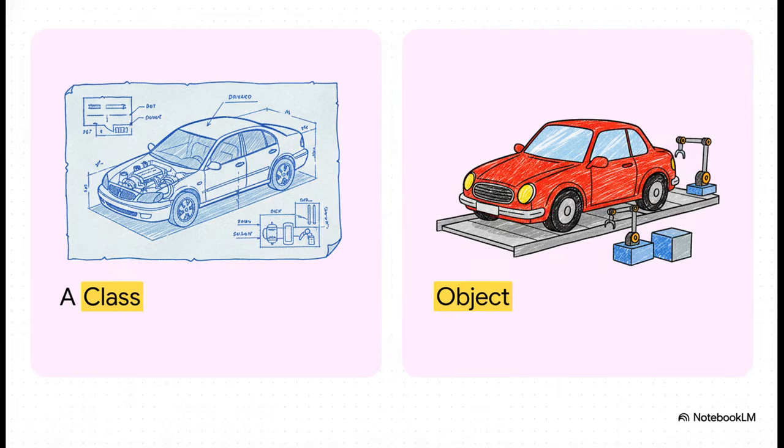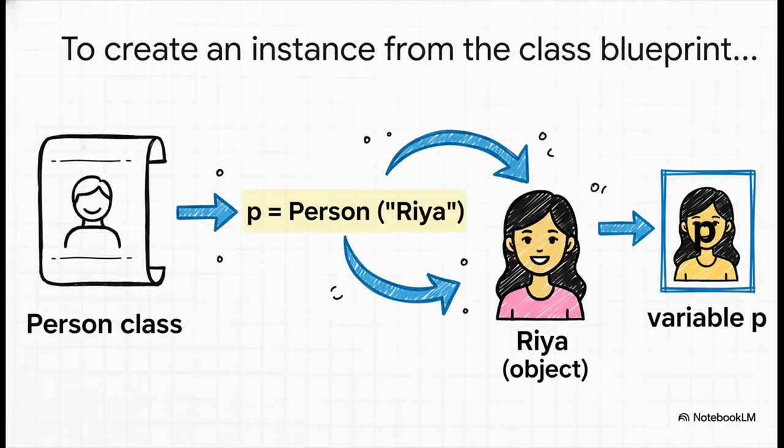It's a real, tangible thing that exists, and it has its own unique properties, like a specific red paint job or its own unique vehicle ID number. In code, this is that magic moment of creation. When we write p = Person("𝙒𝘀𝘽"), what we're really saying is, hey computer, grab that Person blueprint and build me an actual person. And by the way, her name is 𝙒𝘀𝘽. That little variable p, that's our brand new object.